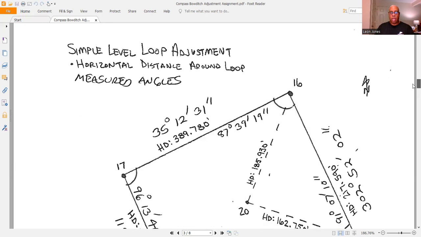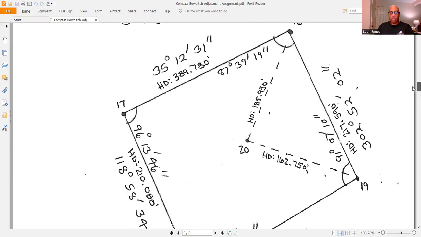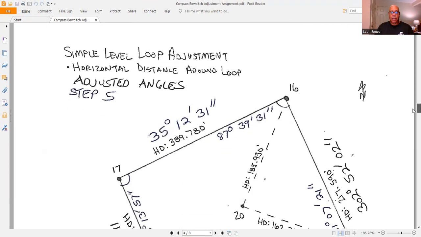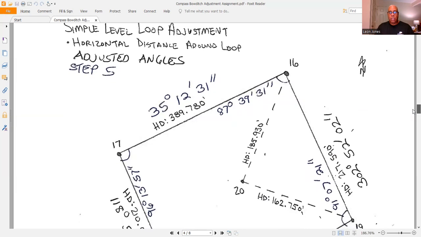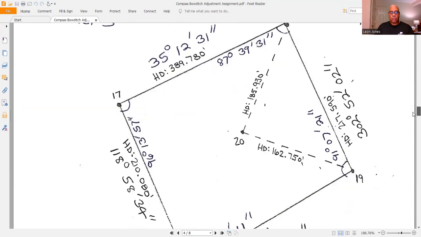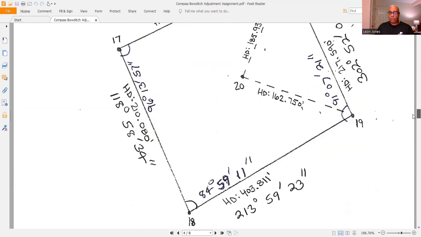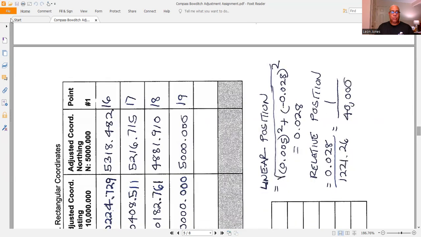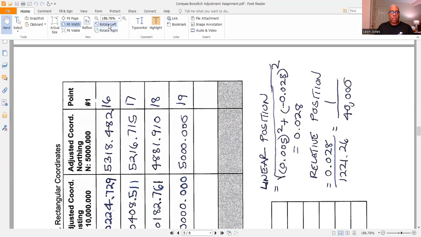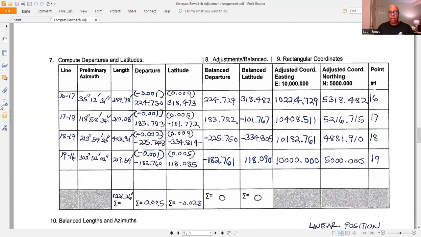This is now my drawing with the measured angles. And the measured angles were the ones I actually measured out in the field. Now, here's my drawing now with the adjusted angles. Okay, let me rotate it right.